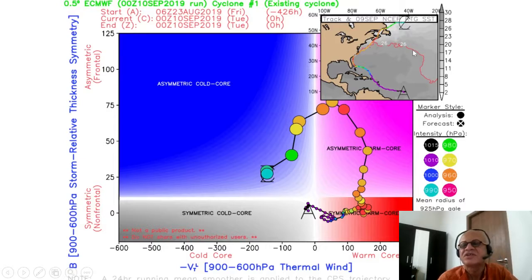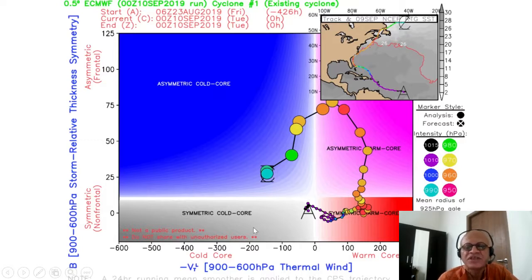So here is the cyclone going from A transitioning into an extratropical cyclone, and we saw the analysis and forecast, which we won't bother about, but look at the intensities dropping all the way down to 950 here, and the mean radius of the 925 hectopascal gale winds and the size of the region that is covered.